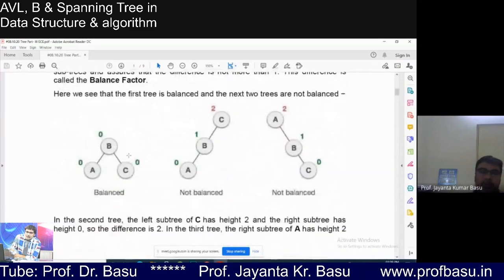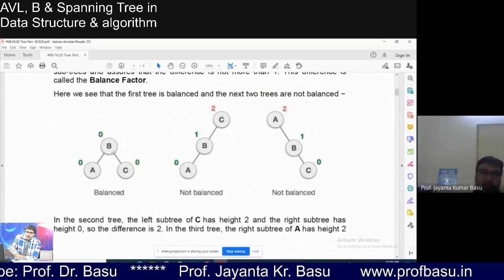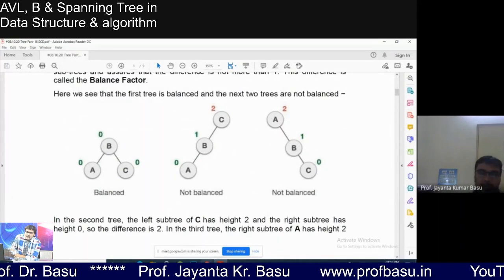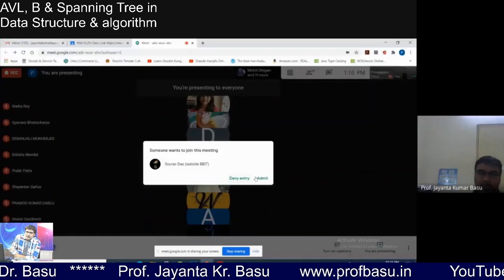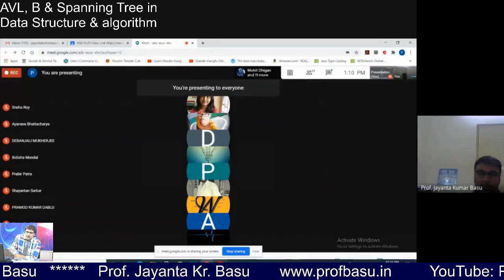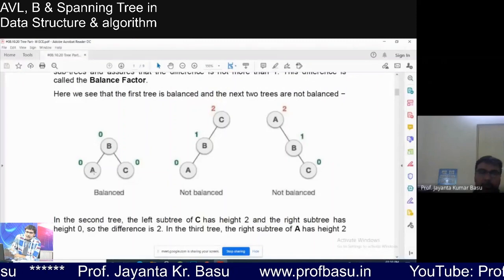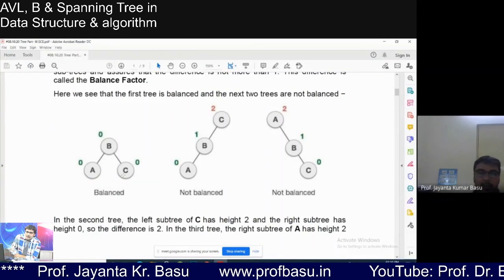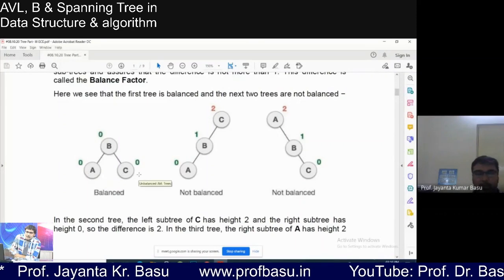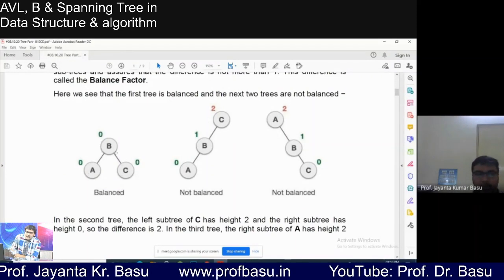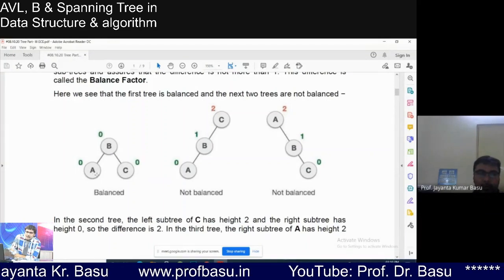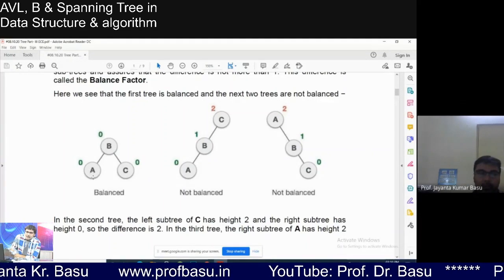For example, say this is a subtree. It's balanced. Why? The left subtree and right subtree are at the same level, right? For this B node, there are no subtrees.